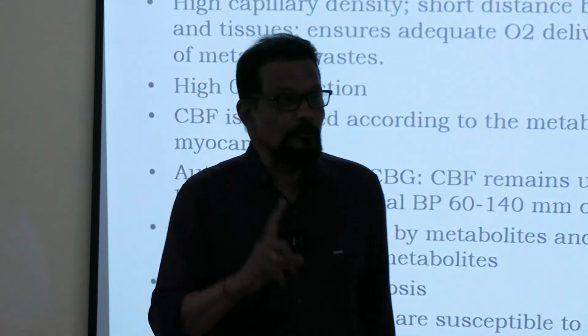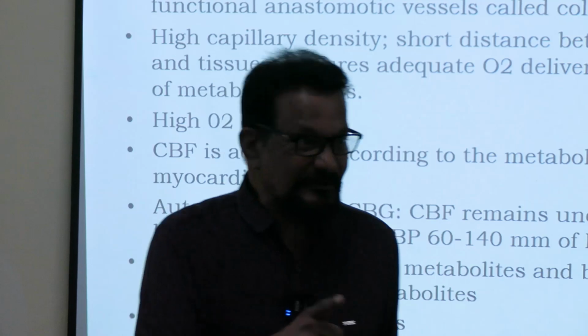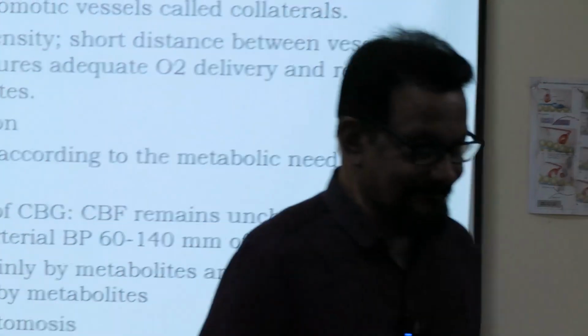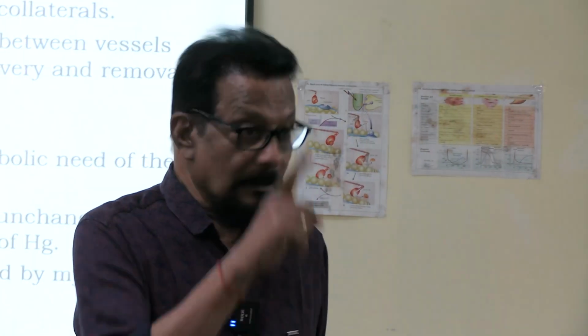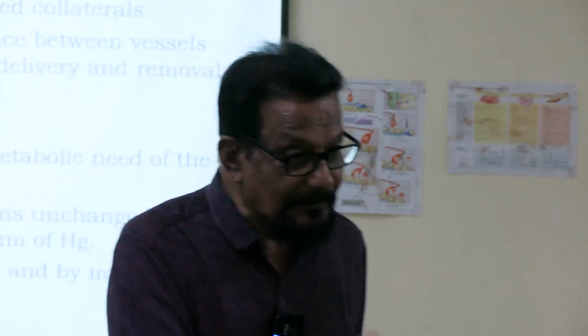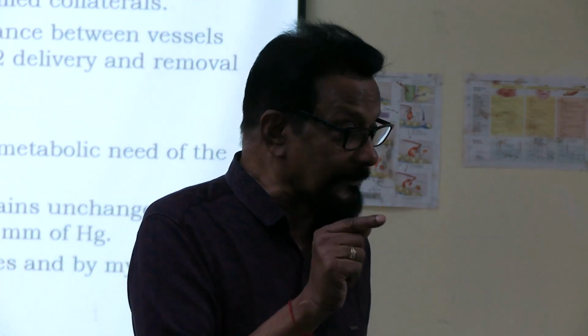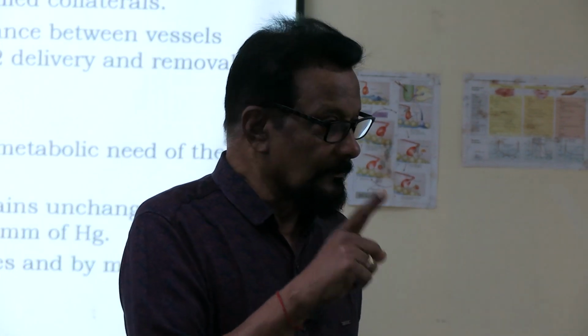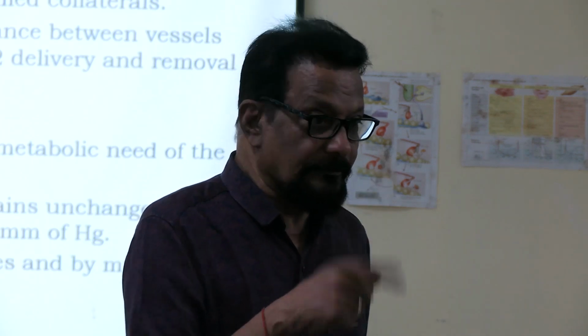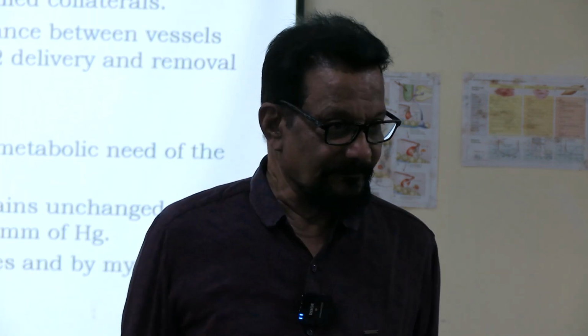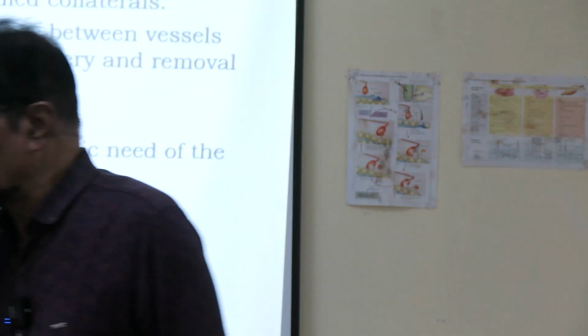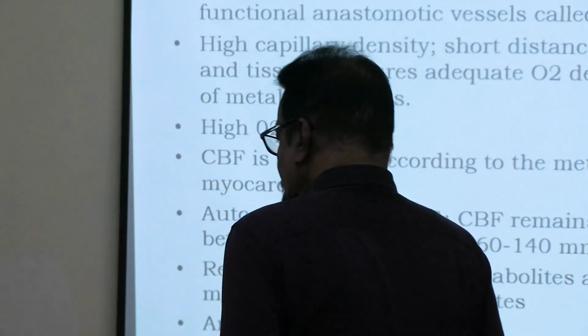What will be the content of oxygen in your arterial blood? That means 15 gram into 1.34, because your 100 ml blood contains only 15 gram of hemoglobin, and this will carry the oxygen. So how much will it carry? 1.34 into 15, how much does it come to? Calculate it. You can use your calculator.